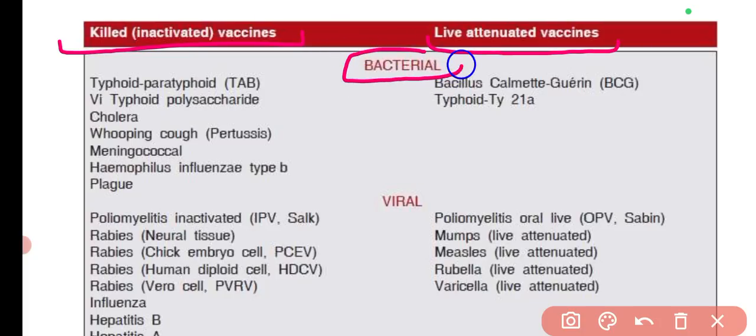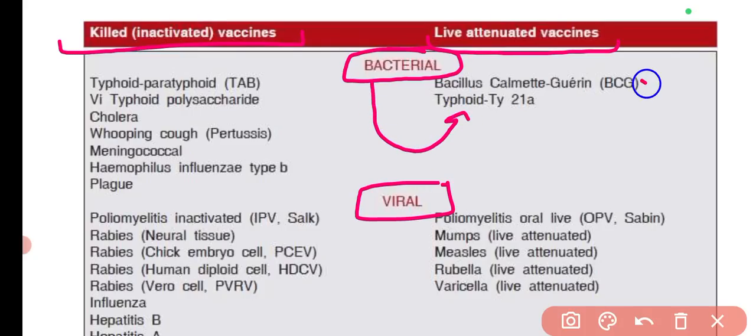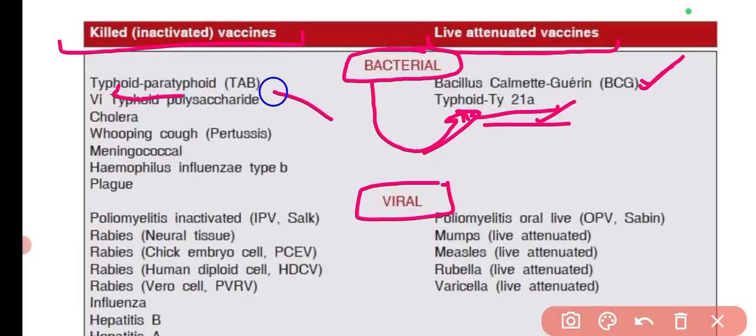Then they have categorized under bacterial and viral vaccines. In bacterial live attenuated, there is the BCG vaccine. Mostly the question is asked on BCG vaccine. The other one is the typhoid TY21A vaccine. Here you can see typhoid can be a killed vaccine as well as live attenuated, based on the strain or type of vaccine.